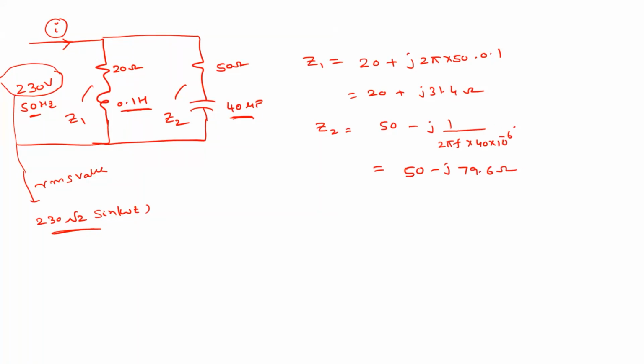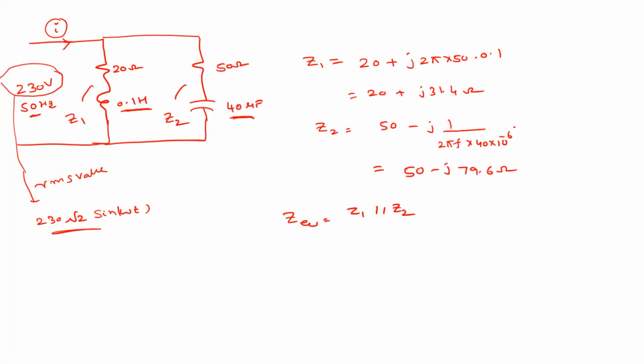Right. So first we need to calculate the current I. These two are impedances, and Z1 and Z2 are in parallel, right? So how to solve this?